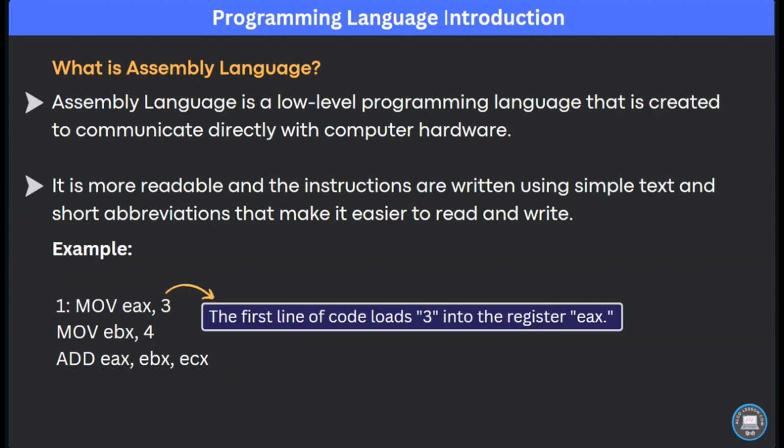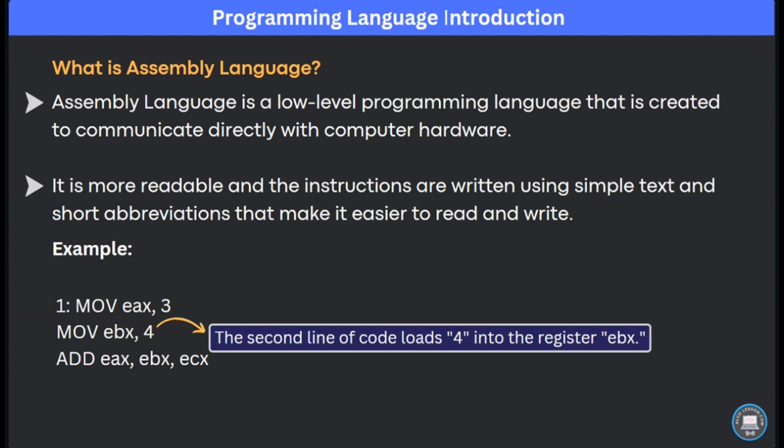The next, move EAX comma 3, indicates that the value 3 should be stored in a register with the name EAX. EAX is a name we are giving to a register. Similarly, the next line indicates that the value 4 is going to be stored in a register named EBX.